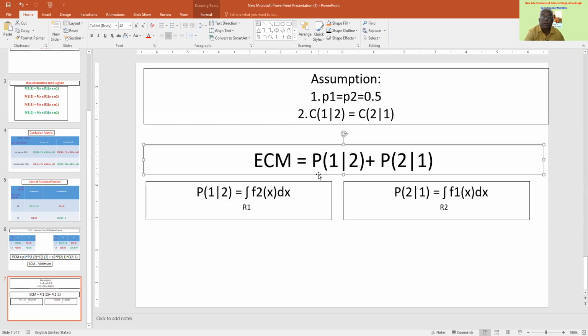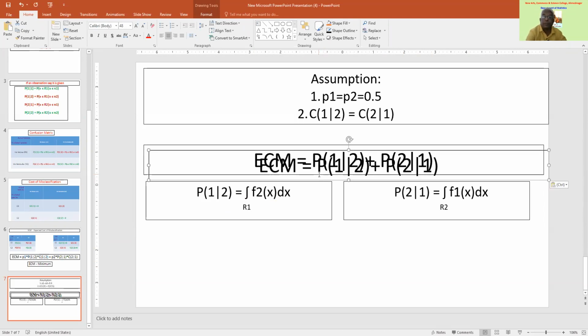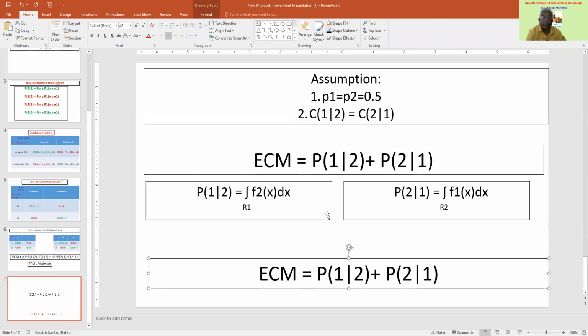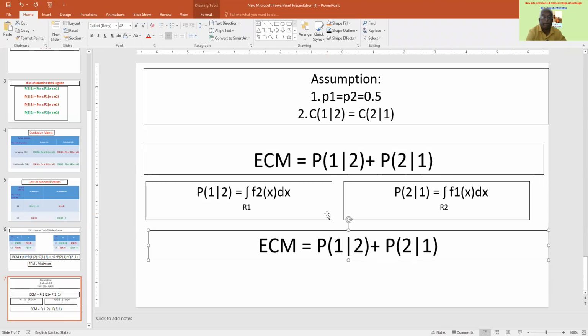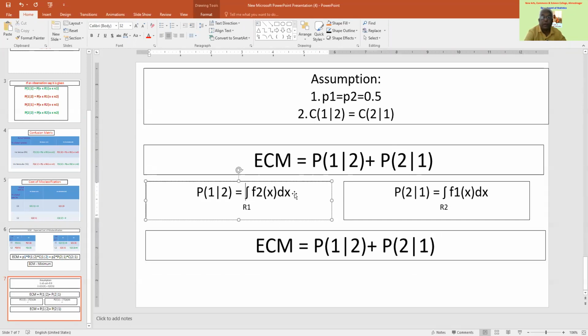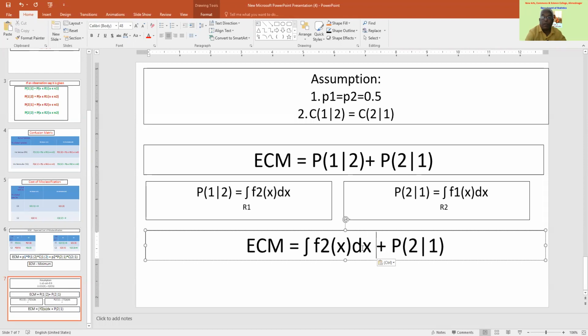So let us see how the equation looks. Now instead of this, I will add this, and instead of this, I will add this.